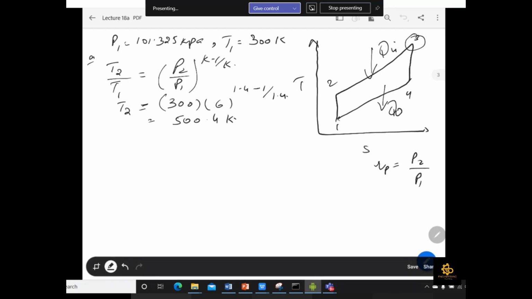So moving towards T3. For T3 we can simply use another isentropic relation, for process 3 to 4, because 3 to 4 is also an isentropic process.